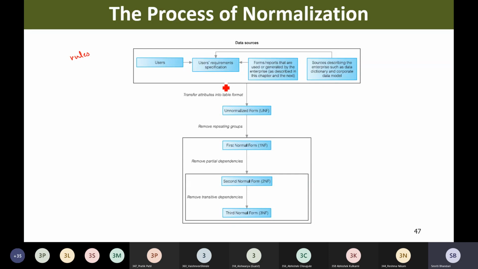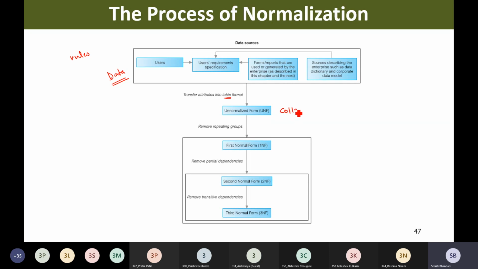So ultimately, once we know the data that is being used by the enterprise, what we do is we dump all that data in a single table. So all the attributes are being dumped into a table, and this table is known as the unnormalized form of database, UNF. That is the unnormalized form.